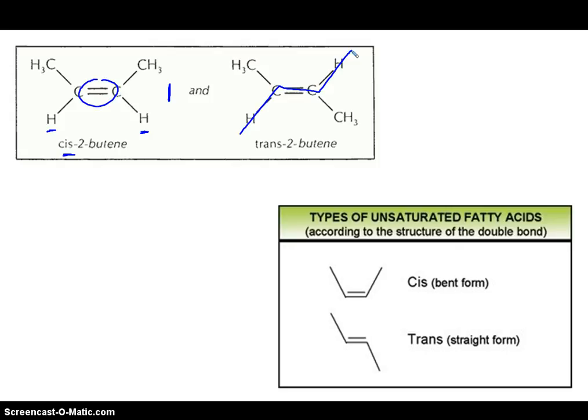So the cis or bent form is right here. This one shows it going up, and then there's the trans form. The way I learned them was the boat and the chair. And when we get to lipids, especially, we're going to talk about trans fats. You've probably all heard about that. We're going to actually show you what it means when we say something is a trans fat.